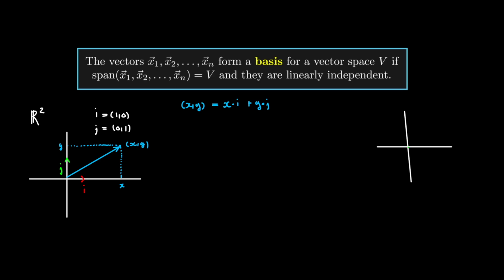So let's say I rotate J clockwise by whatever it is, 30 degrees, and I rotate I by 30 degrees. So this is, let's say, J prime, and this here is I prime.